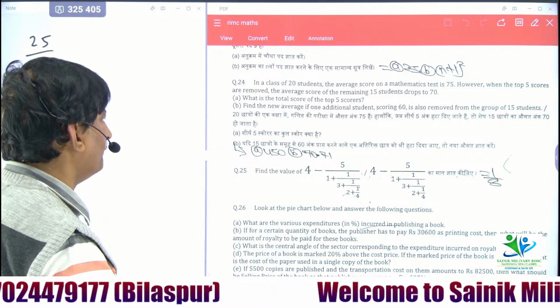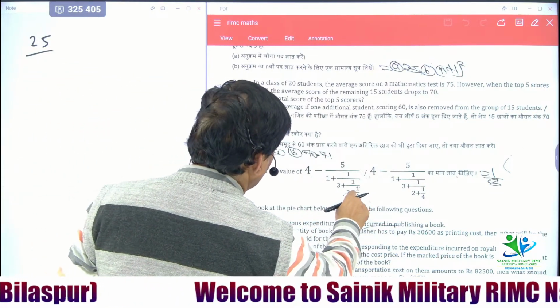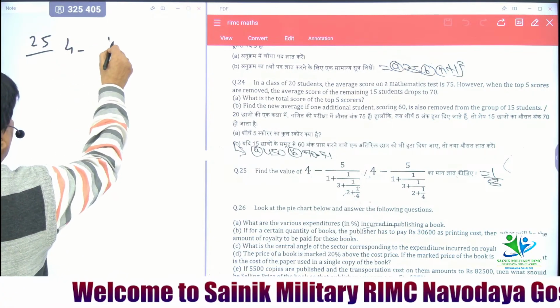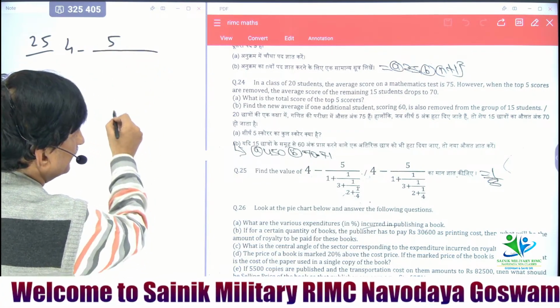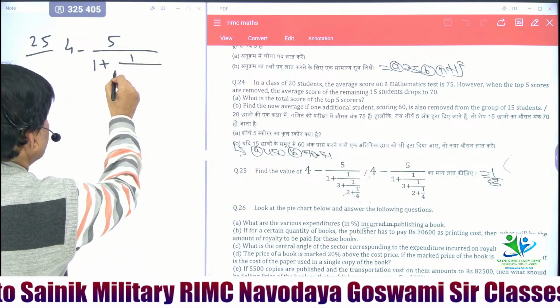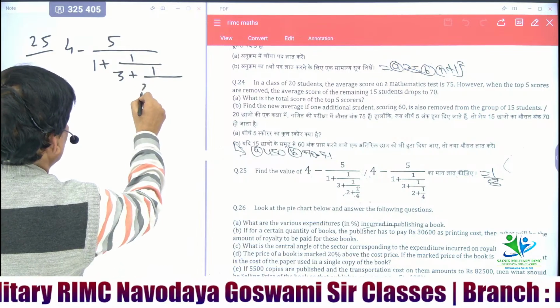Now next question, question number 25. In 25, find the value of, you have to find the value one by one. See here, 4 minus 5 divided by 1 plus 1 divided by 3 plus 1 divided by 2 plus 1 by 4.